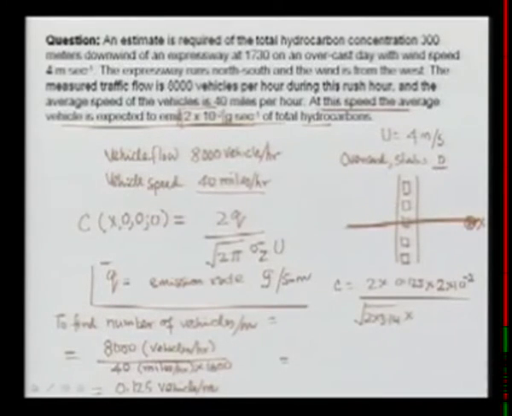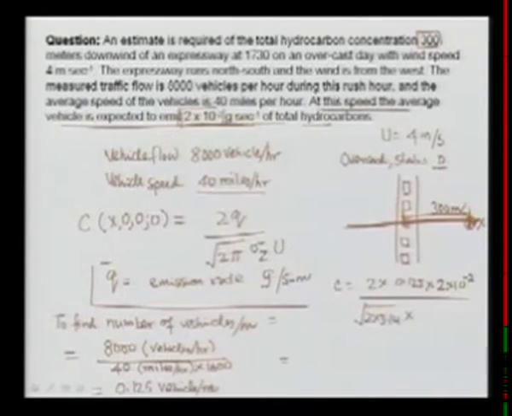And what is the distance, the x distance? Let's see what the distance is. Experience south wind from the west, the measured concentration at 300 meters. Okay, very good. So this is 300 meters.